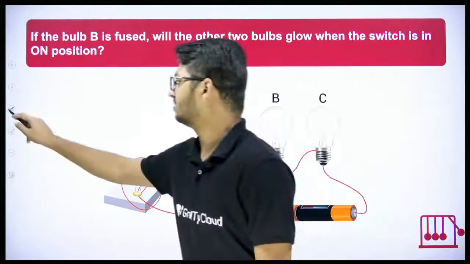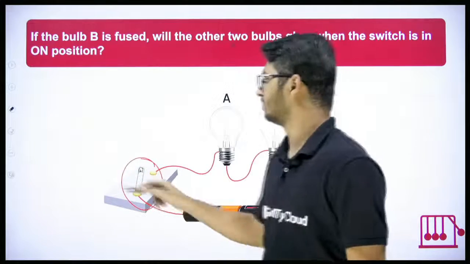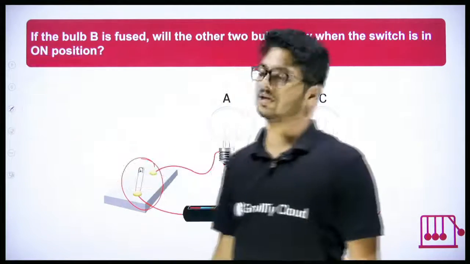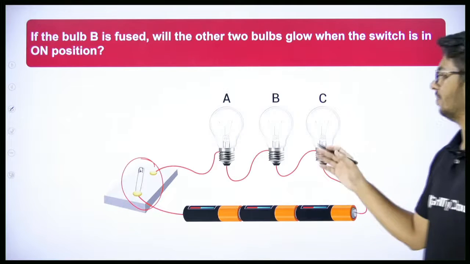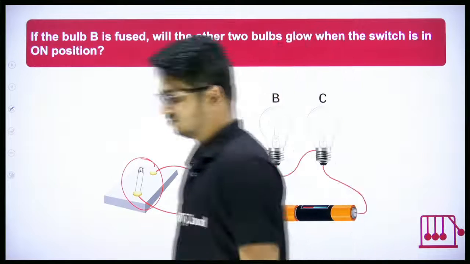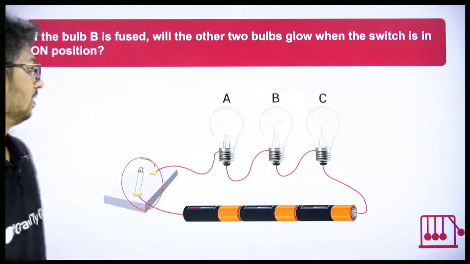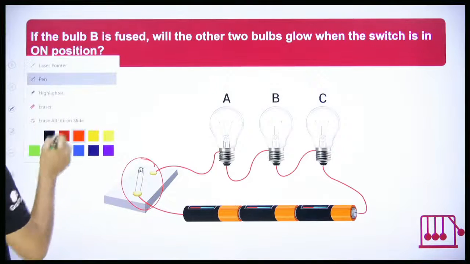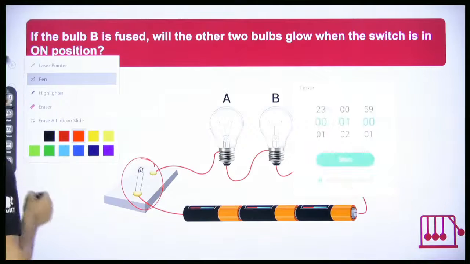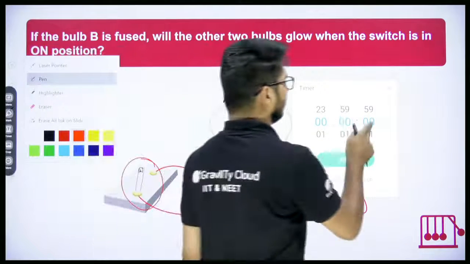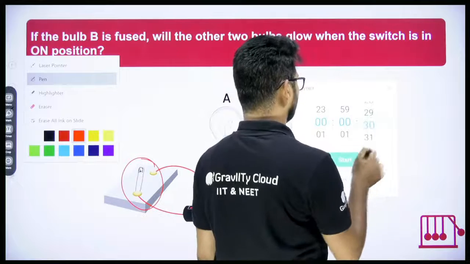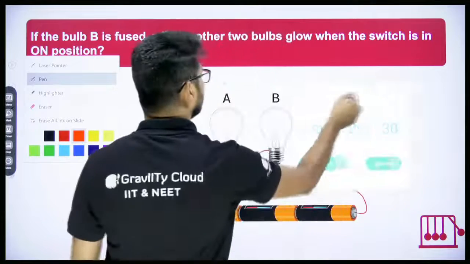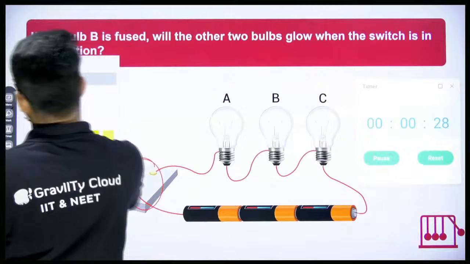In that case, what will happen? Will bulb A and bulb C glow because bulb B is fused? I'll again give you 30 seconds. So please tell, what is that going to be?